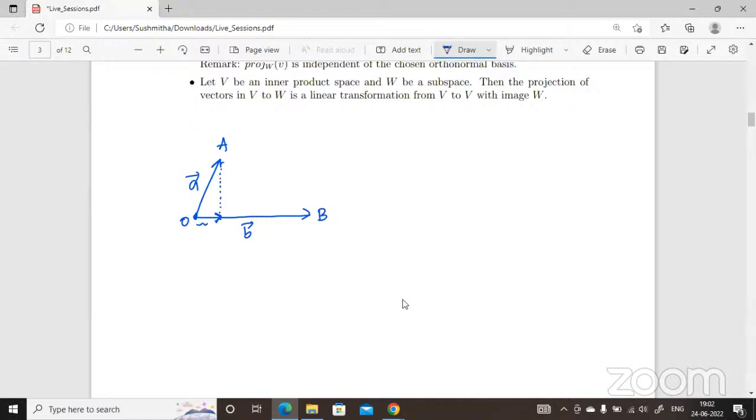So how will I get this vector? Now you told me this is perpendicular, so you have a right angle. So this is A cos theta, if this is theta. Not A, the magnitude of A. So the projection of the vector A along the direction of the B vector is nothing but mod A cos theta.